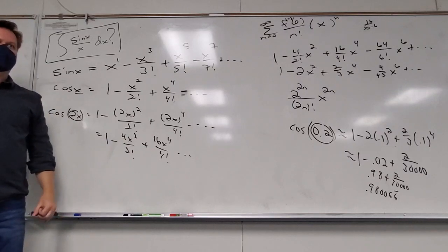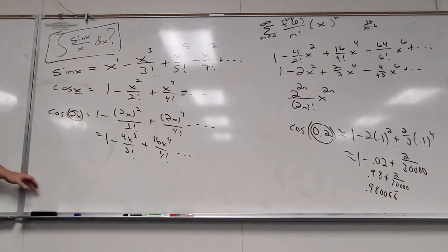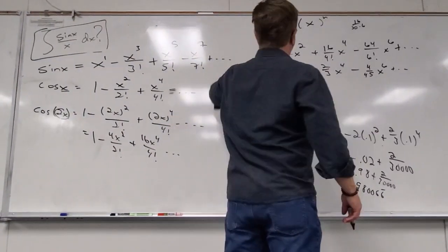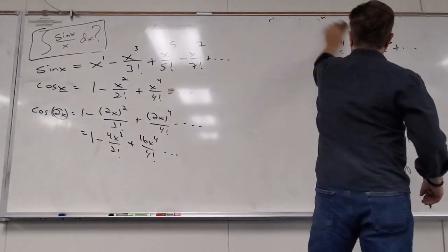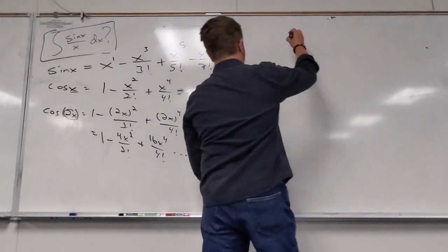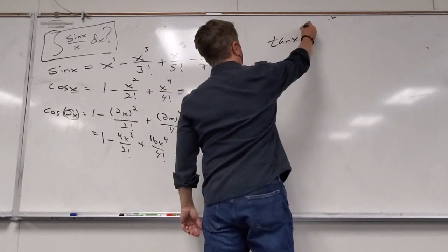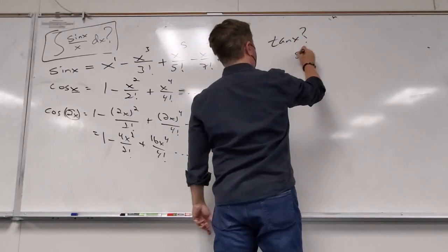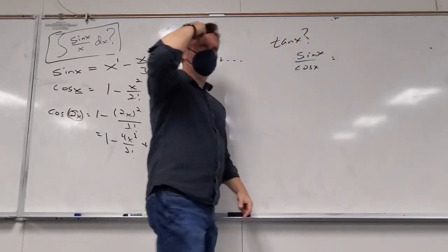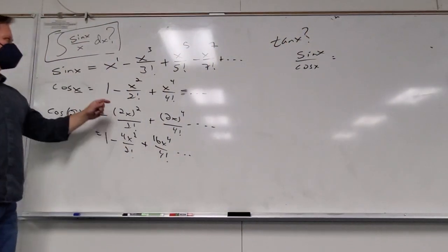Okay, maybe. And here's the funky one. You ready for a funky one? How would you figure out tangent x? What would you have to do? Yeah, it's equal to sine x over cosine x. Which is sort of like a nightmare. Can you imagine? What's sine x?